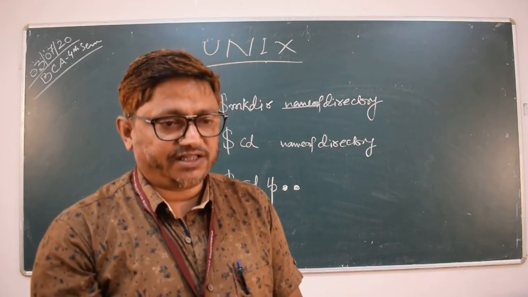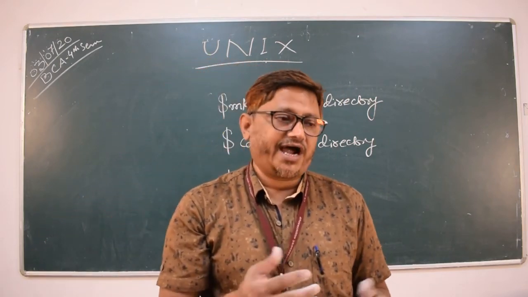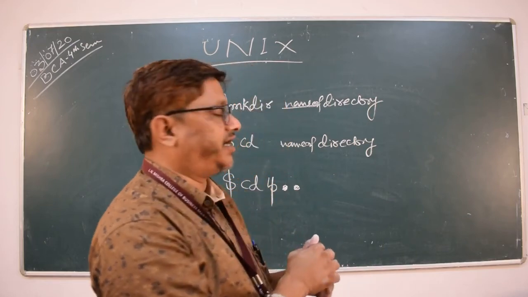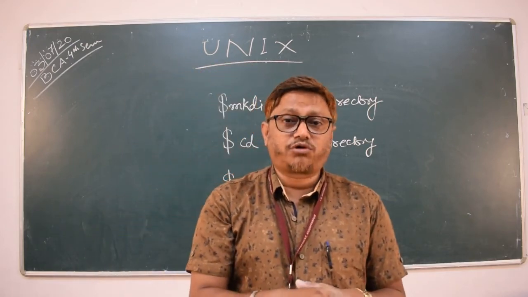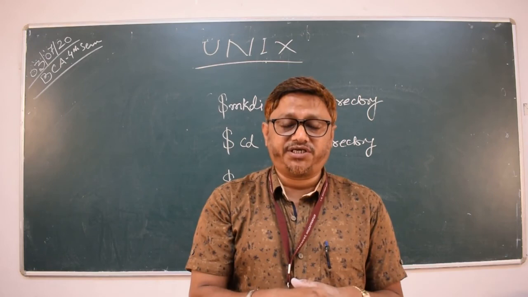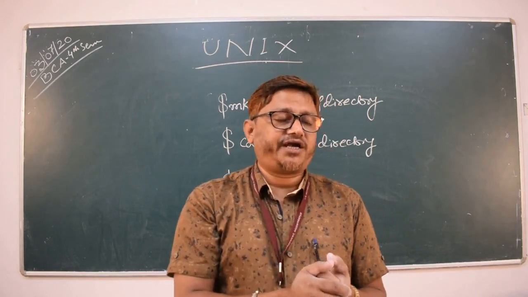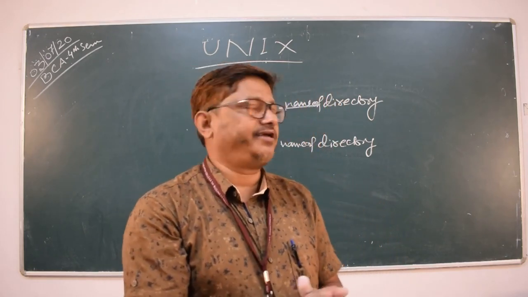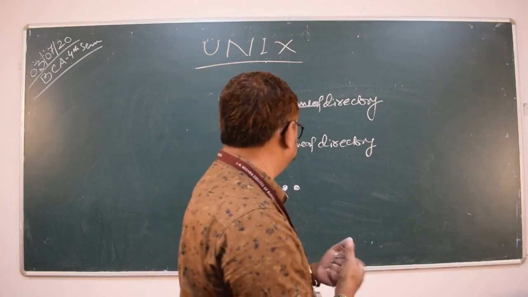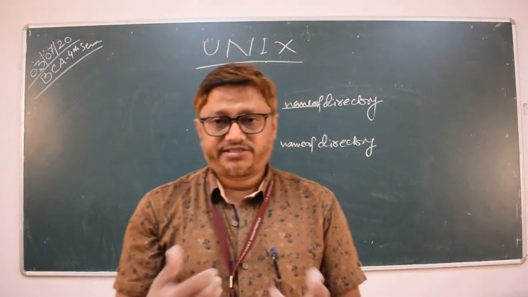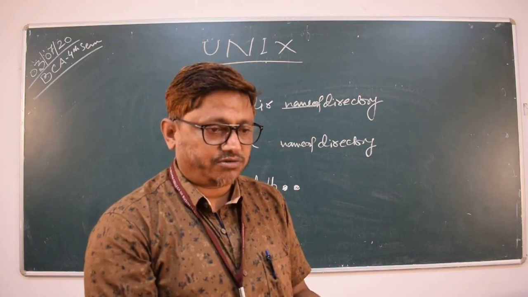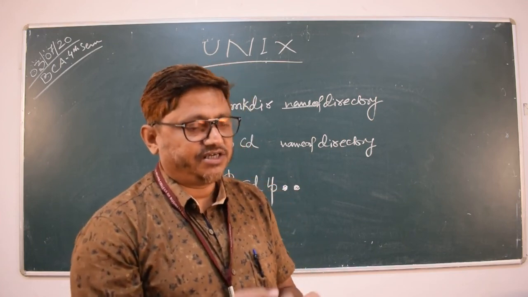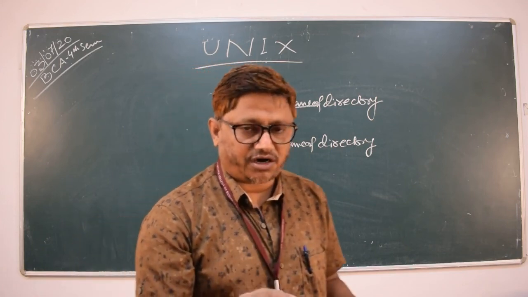If you want to modify the file, we use nano. Then the next commands: cp to copy a file, mkdir to make a directory, cd space name of the directory to enter a directory, and cd space dot dot to exit the existing directory.